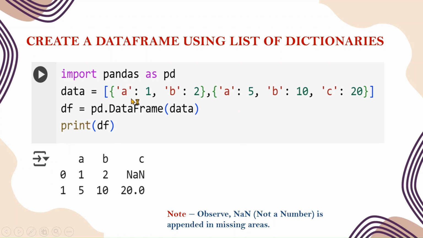In the first dictionary only two values are there, A and B, so you get 1 and 2. But there is no C in this dictionary, so it automatically fills with not a number. Coming to the second dictionary, which is acting as the second row, A is 5, B is 10, and C is 20.